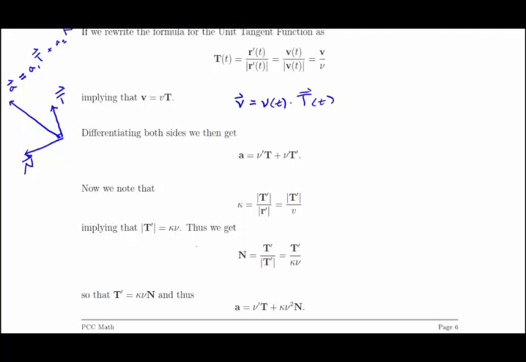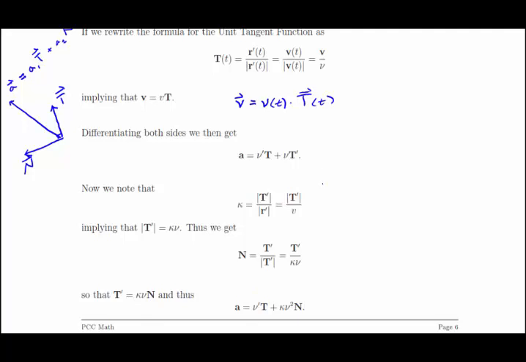And we can take this and plug it in for our definition for the normal function, which is t prime over the magnitude of t prime. So the magnitude of t prime we're replacing with k little v, and so we can then say that t prime equals kv times the normal vector.